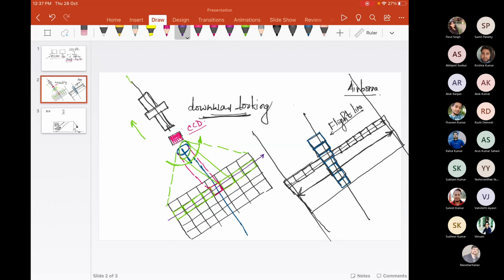It will be in a slant direction. Let's say the first pixel is acquired from here somewhere, and now there is a movement.